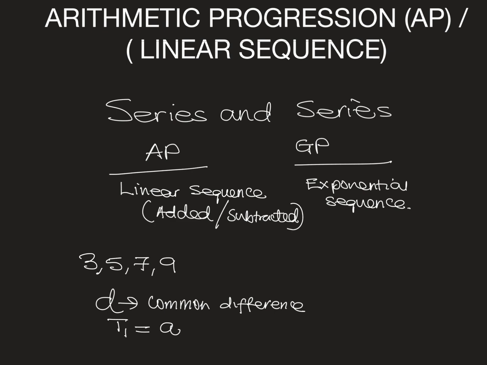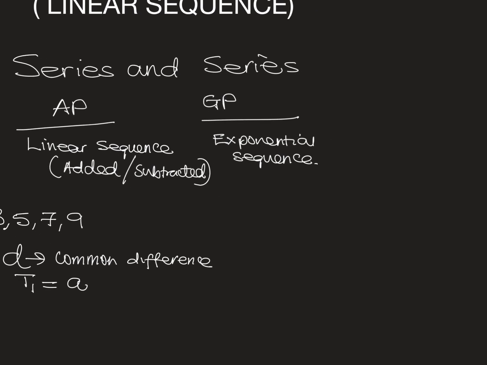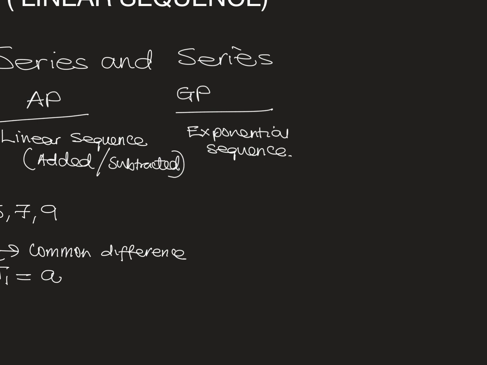But if we have to give an example of a geometric progression, let's say we have the number 3, then 6, then 12, then 24. The first number is the first term, the second number is the second term, the third number is the third term, the fourth number is the fourth term.